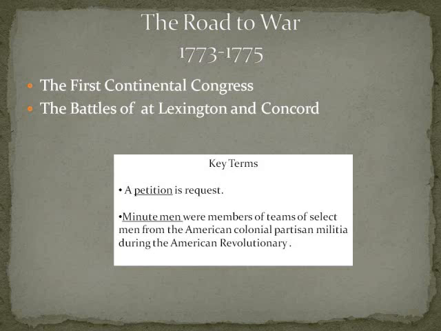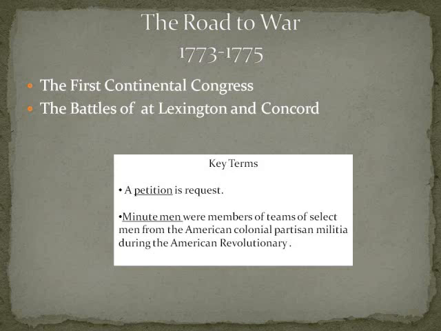In April 1775, General Thomas Gage heard that two leaders of the Sons of Liberty were meeting in Lexington, and also that Minutemen were storing weapons. So he attacked with 700 soldiers. A man named Paul Revere heard about the planned attack and got on his horse to warn the colonists.